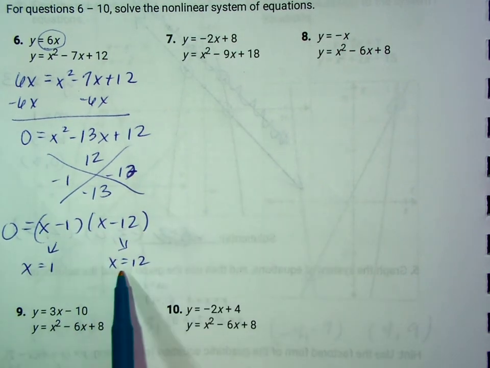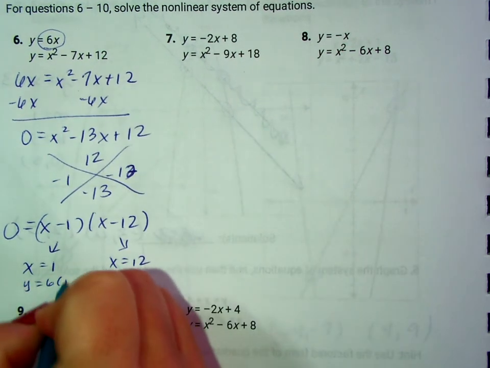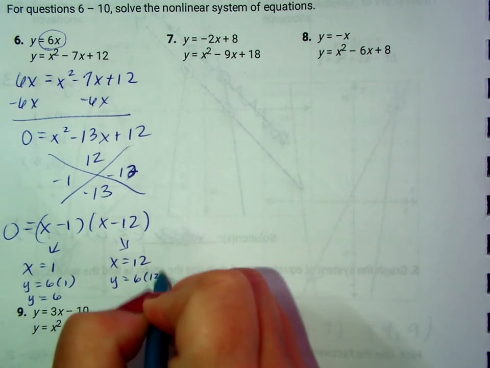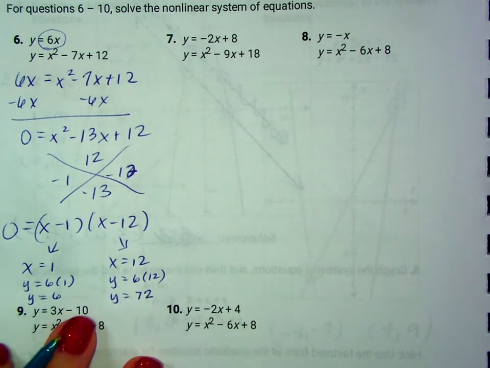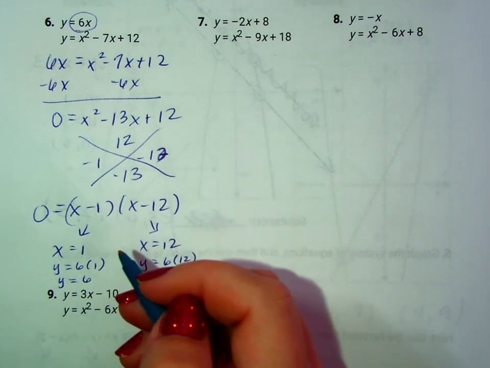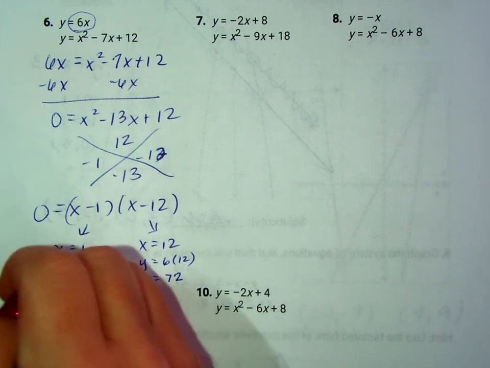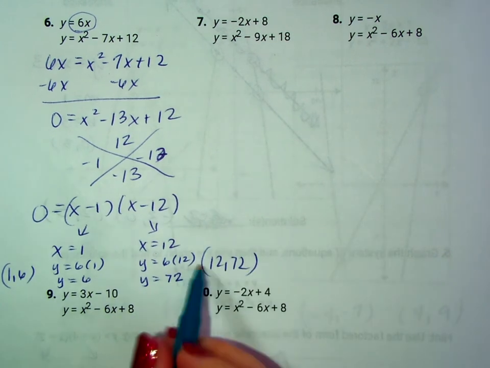We now need to take those and plug it back into the linear piece to get the y value. So my two solutions to the system are 1, 6 and 12, 72. So there's my two solutions.